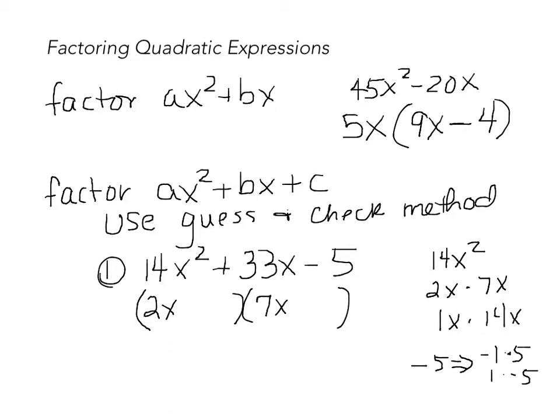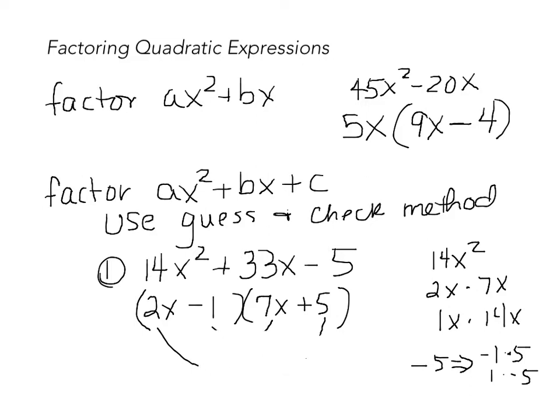So I'm just going to do some guessing. I'm going to put a negative 1 here and a positive 5 here. And I'm going to check it. So this gives me a negative 7x. This gives me positive 10x, and when I add them together, that's not going to give me the 33x.